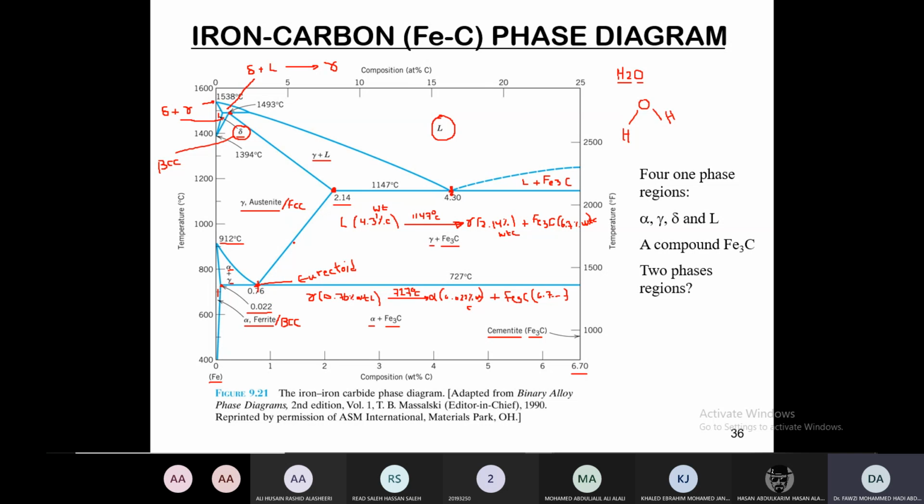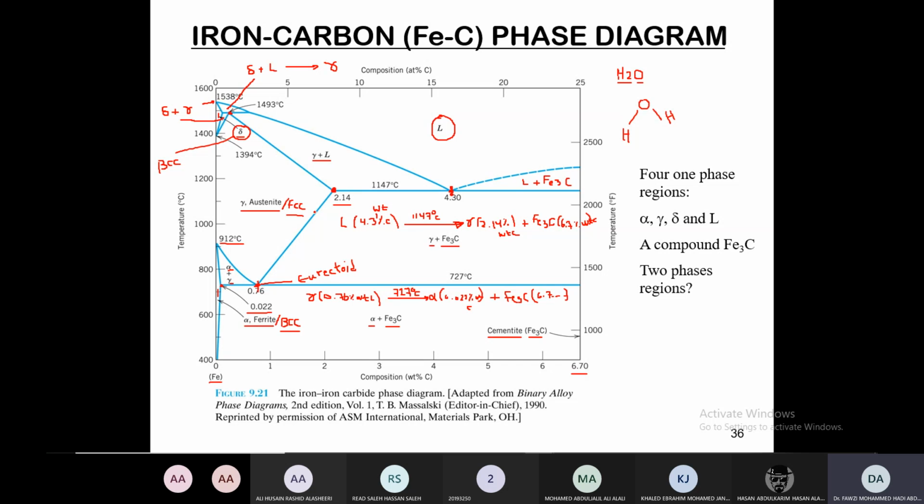It's much less than the solubility in the single austenite phase. The austenite phase is made of iron atoms, and the ferrite phase is made of iron atoms only. The only difference between them is the crystal structure. This has an FCC crystal structure, and this has a BCC crystal structure. You see, the type of crystal structure actually changes the solubility of the material here. You see the difference between this number and that number, it's nearly 100% more carbon content it can accommodate.